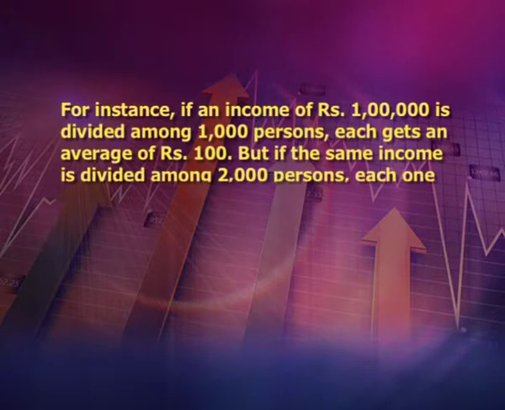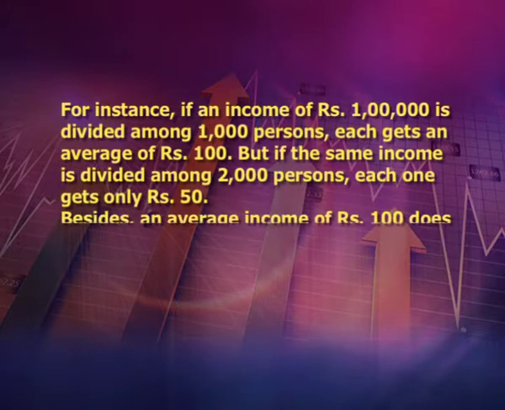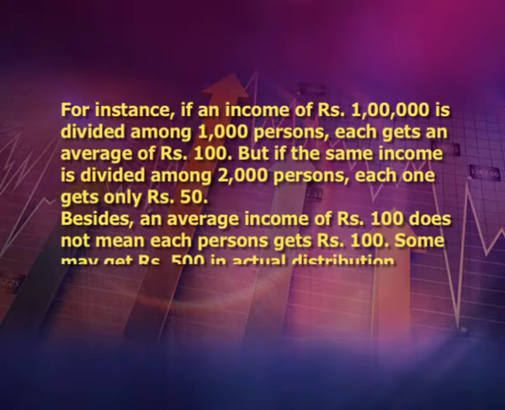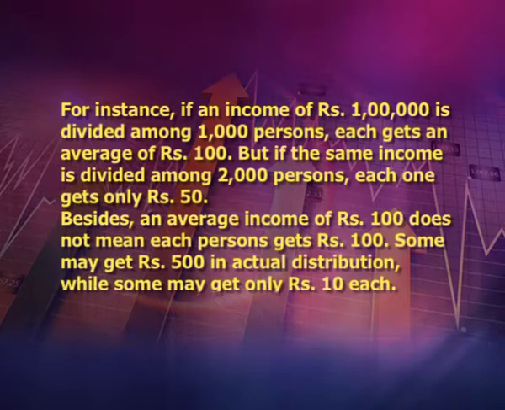But if the same income is divided among 2000 persons, each one gets only rupees 50. Besides, an average income of 100 does not mean each person gets rupees 100. Some may get rupees 500 in actual distribution, while some may get only rupees 10 each. Hence, such unequal distribution indicates failure on the part of the system to give equitable employment opportunities to all or to distribute the incomes in a fair manner.